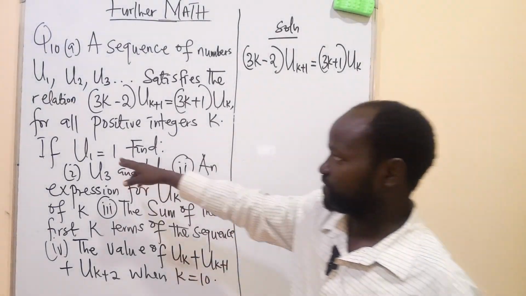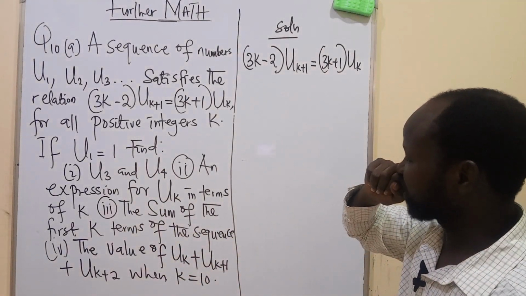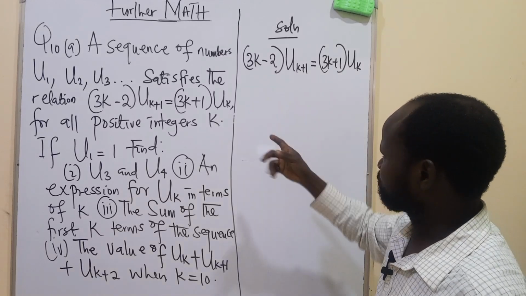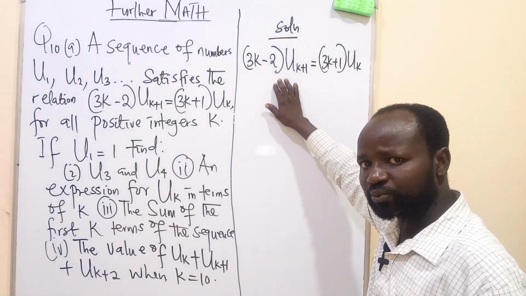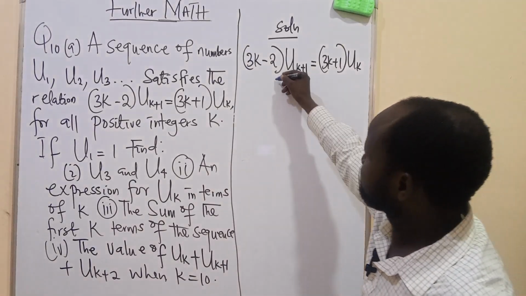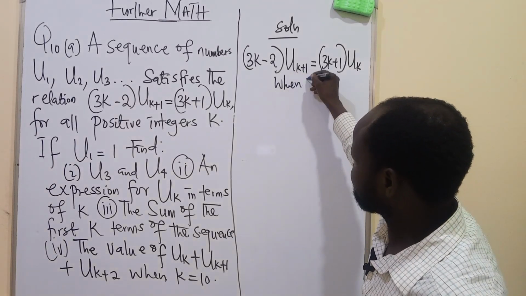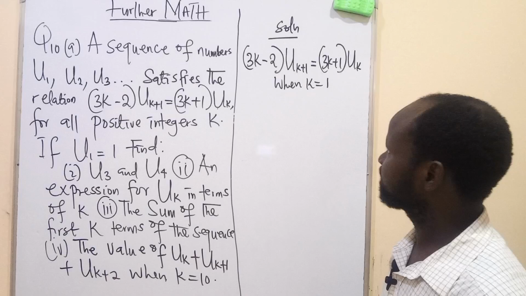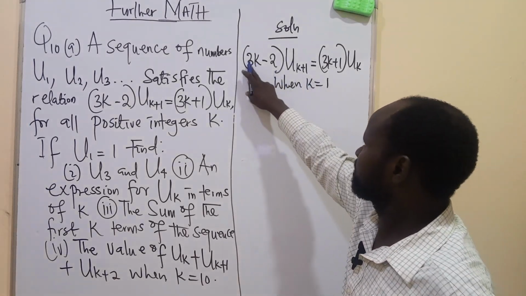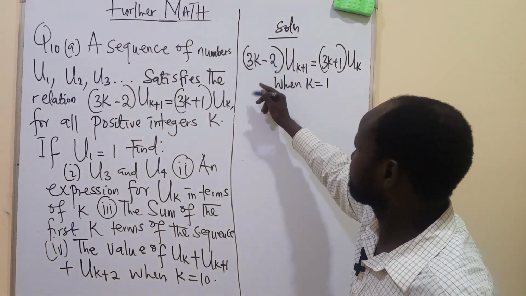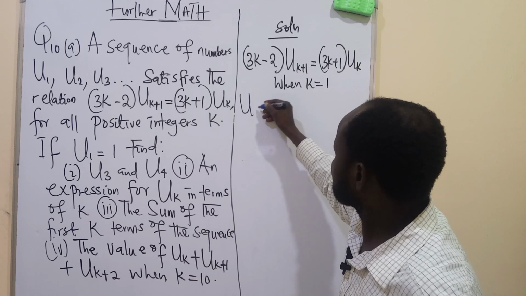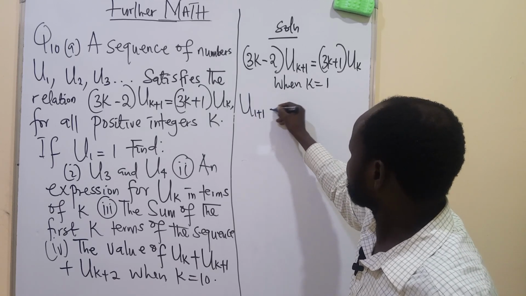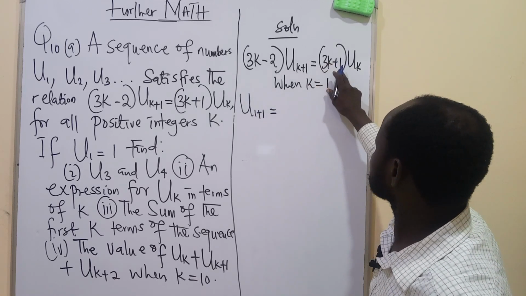So we are told that the first term is equal to 1. When k is 1, how is this relation going to be? Let's say when k is equal to 1, we are using our positive integers now. When k is 1, let's substitute and see. Anywhere we see k, we put 1. 3 times 1, that's 3 minus 2, that will be 1. We'll have U(1+1) equals 3 times 1 is 3 plus 1, 4.